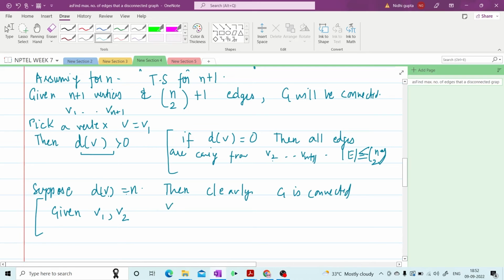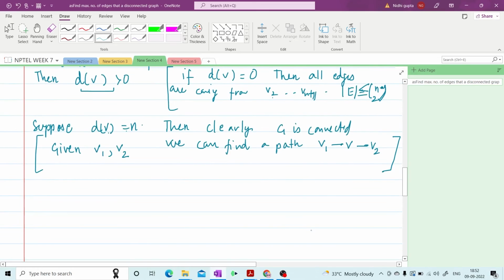Therefore, given V1, V2, we can find a path between them. Therefore, we see that if the degree of V is equal to n, then it is connected. That was the maximum possible degree.